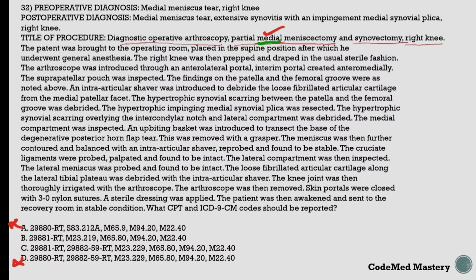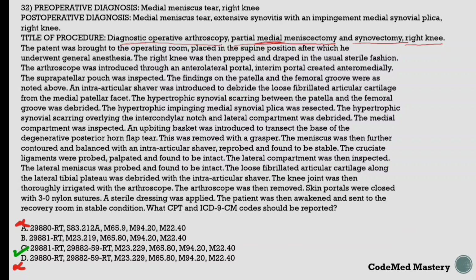So in this case, you have to find whether they have done meniscus repair. So here you can see they have mentioned the meniscus was then further contoured and balanced with an intra-articular shaver, reprobed and found to be stable. So by this you can find out that they have done meniscus repair also, right? So by this we have to code 29881 with 29882. So our right answer will be option C.